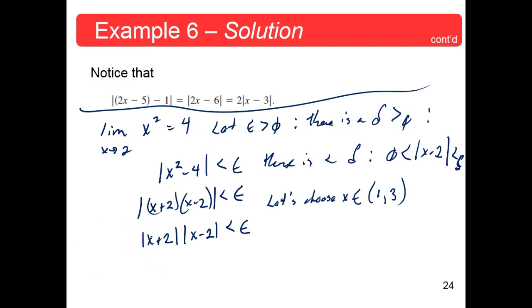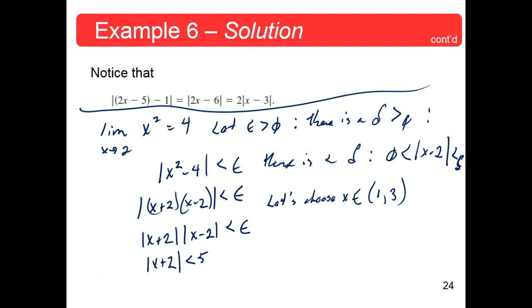What we want to do is guarantee that the absolute value of x plus 2 is less than 5. For any x on this interval, this goes from 3 to 5, so every value is less than 5.